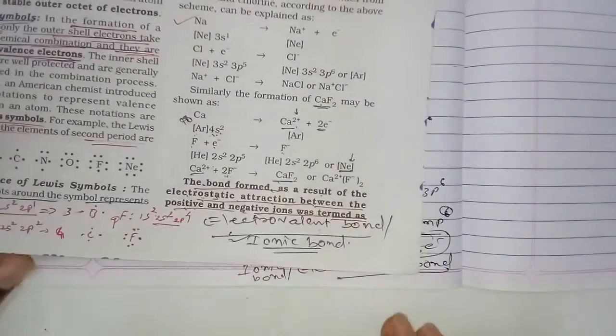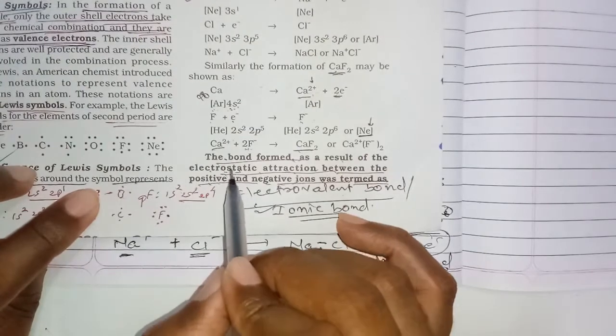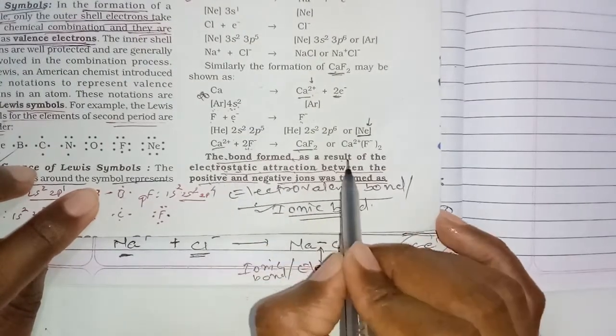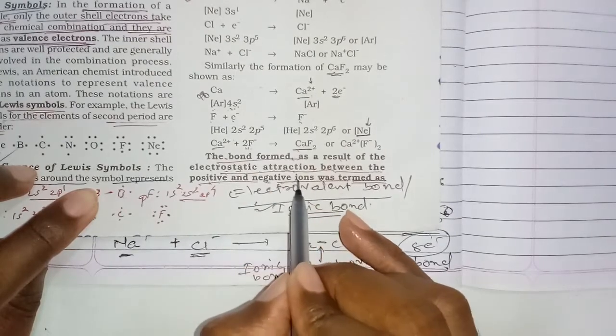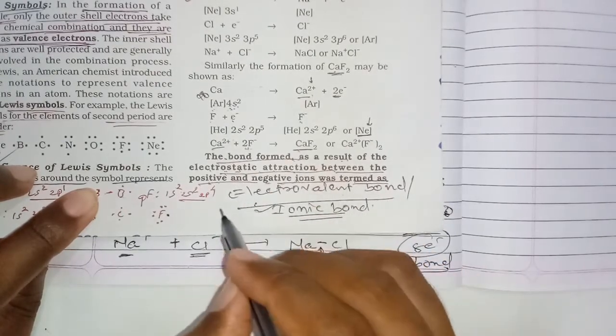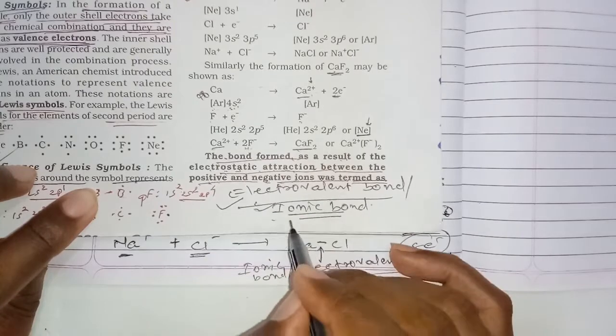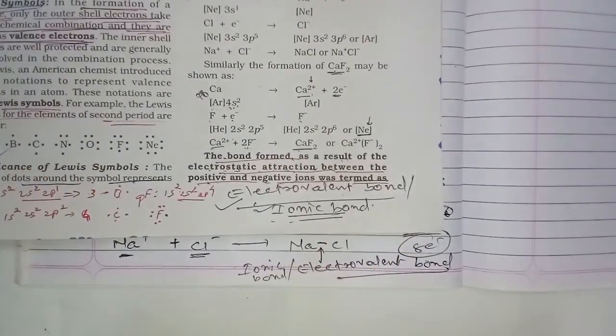The bond formed as a result of the electrostatic attraction between positive and negative ions is termed the electrovalent bond or ionic bond.